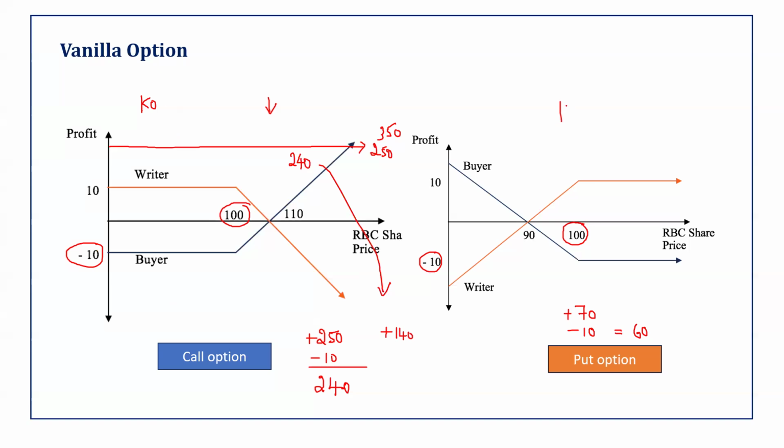Now, there is also a concept called knock-in. So assuming that you buy a put option at 90 and you pay a premium of 10, the strike rate is 90. The writer puts a condition that before this option becomes active, the share price should touch 110, then only the option will become active.